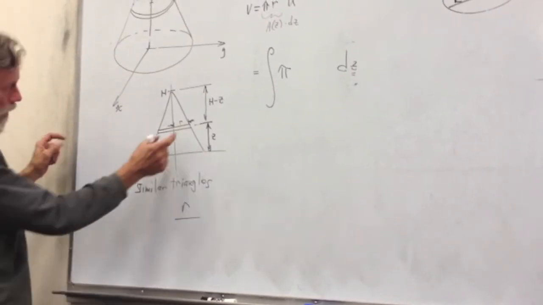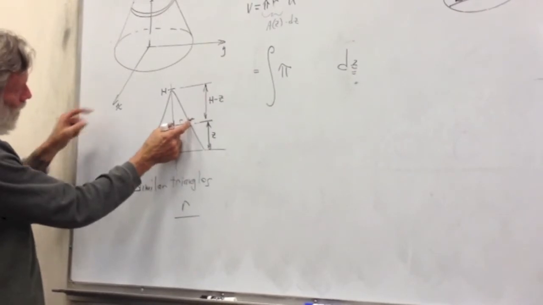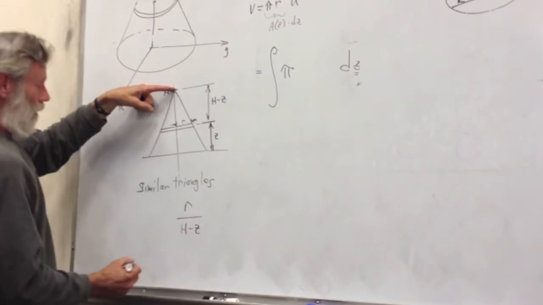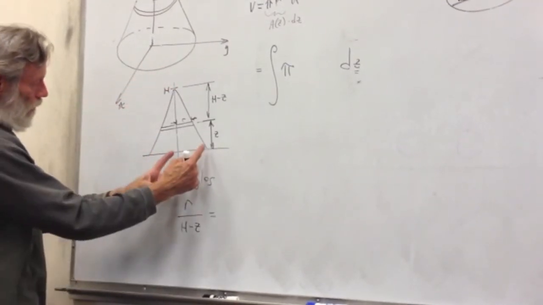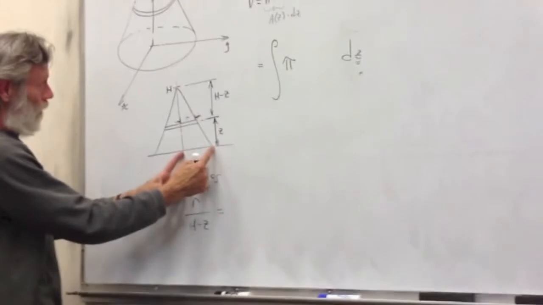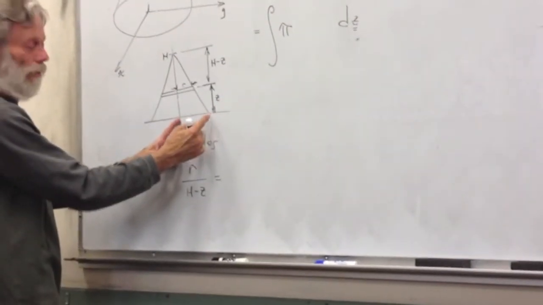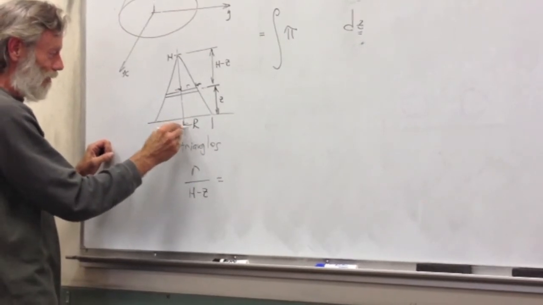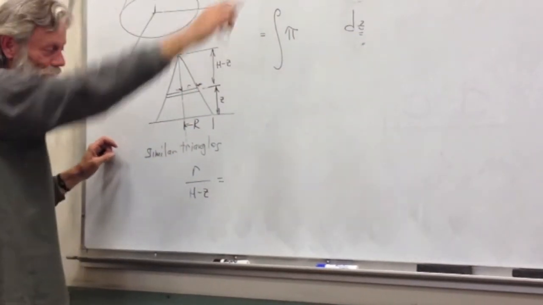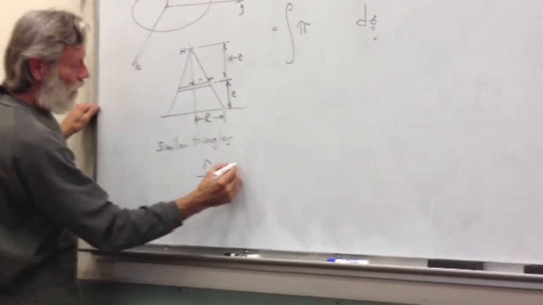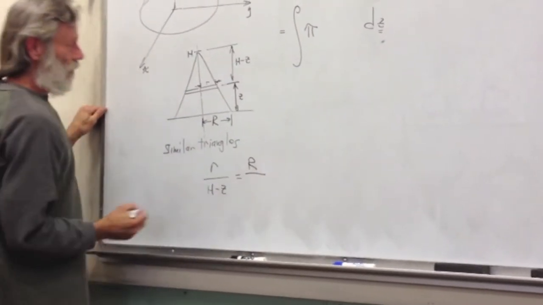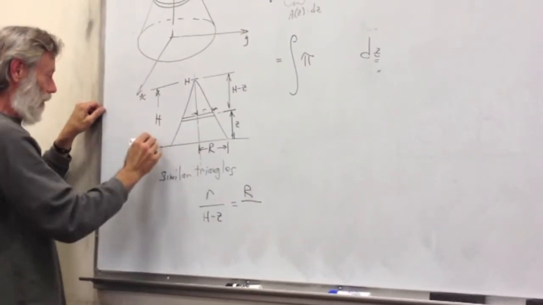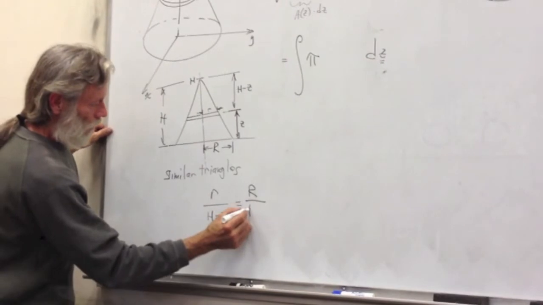So r on the little triangle is to the height of the little triangle, h less z, as this value, what was that value? Yeah, that's the big R, the one that I decided to call the radius of that cone. So as big R is to, well, this distance in here is the big H, the height. So there it is.